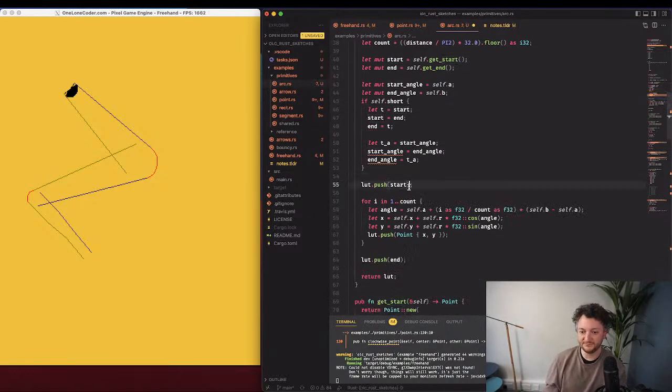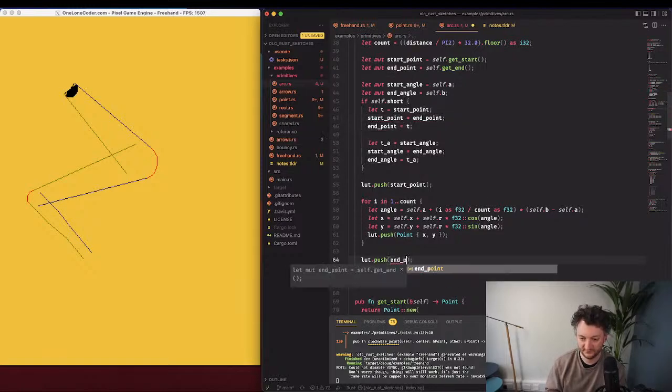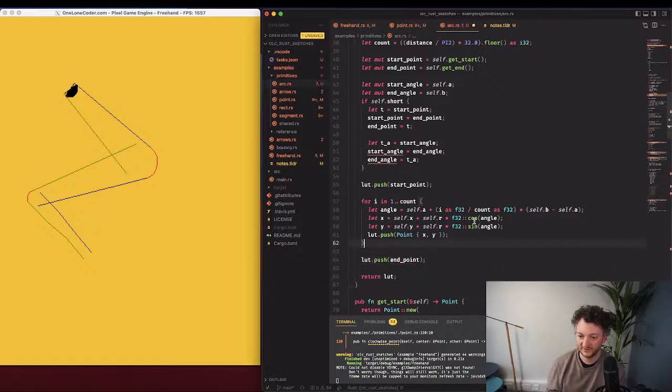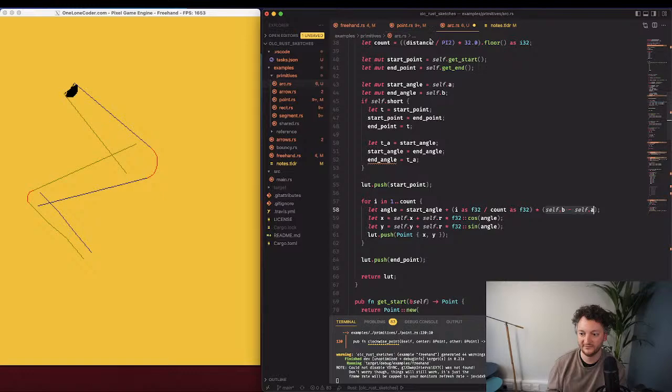Let's call it start point. I think I did the same thing when we did this last time. Start point, end point, self.a. So this is start angle. And that's minus, or we said distance, right?